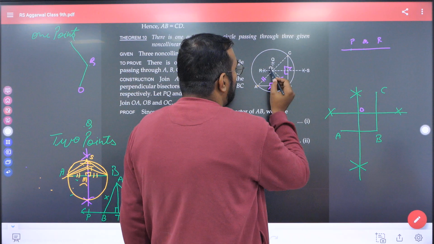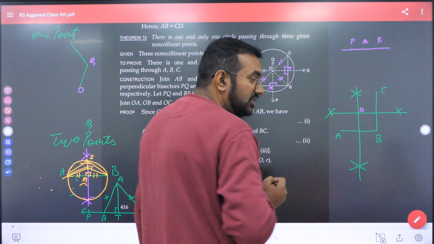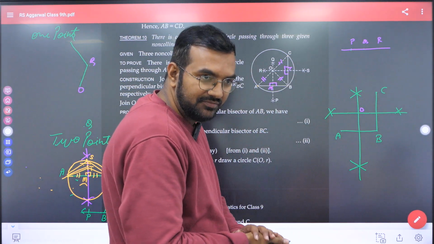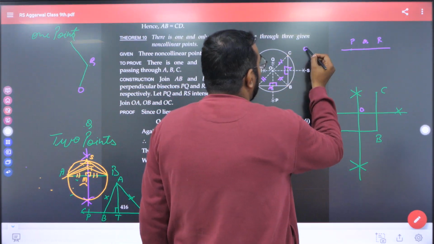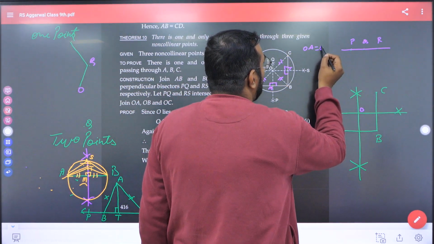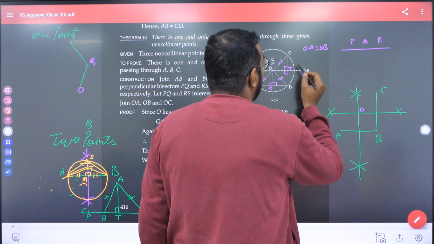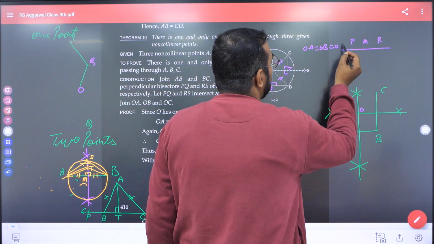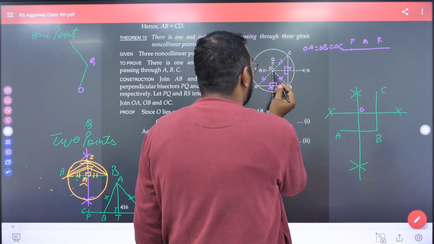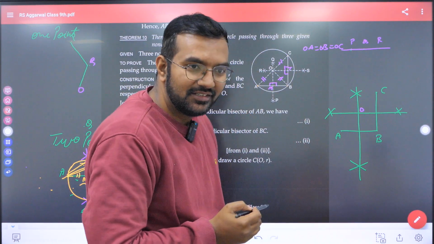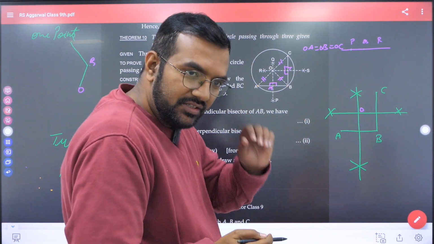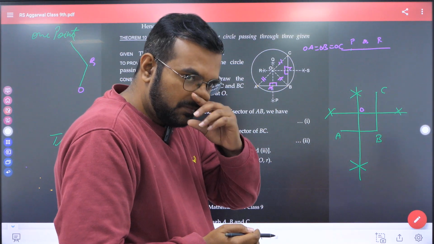So we can say that OB is equal to OC by CPCT. So now you can see that OA is equal to OB and OB is equal to OC. So O is equidistant from A, B, and C.